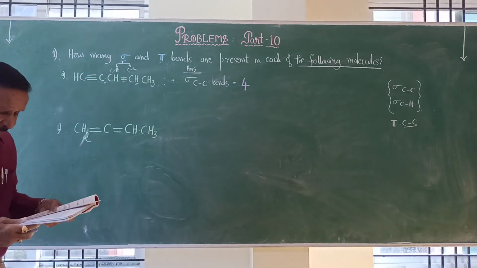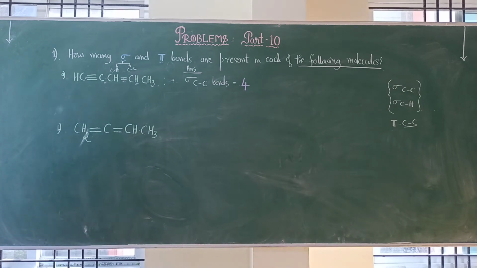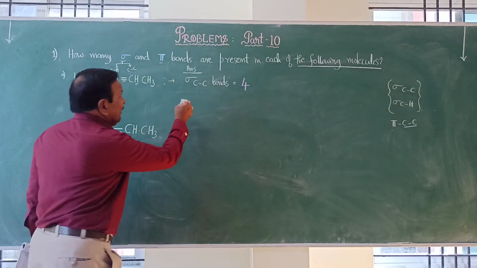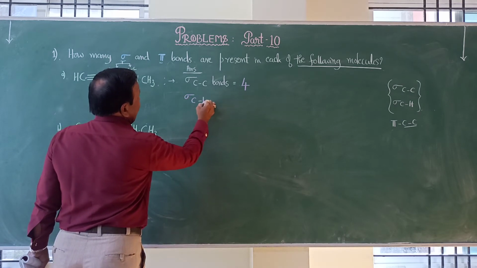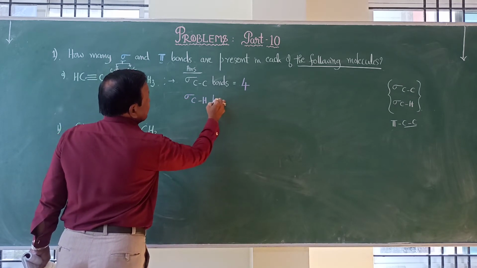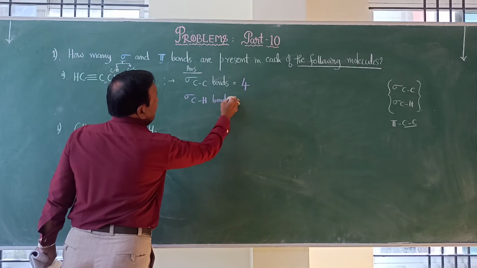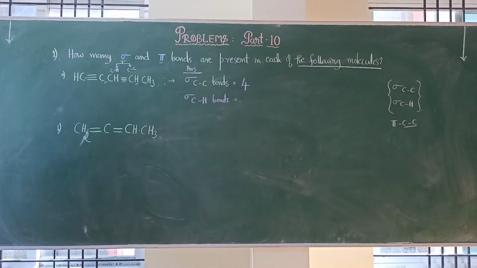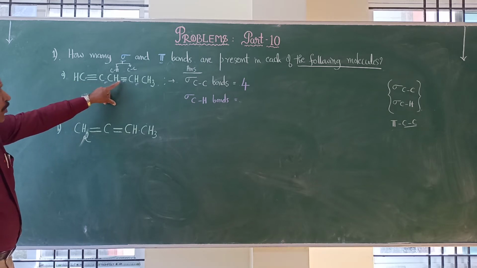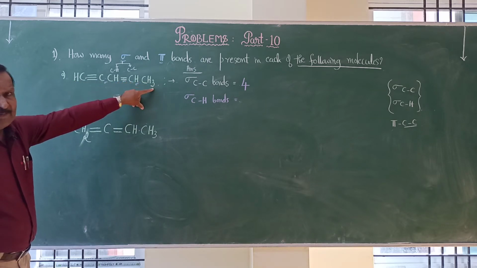Then how many carbon hydrogen sigma bonds will be there? Very simple to remember, I will tell you, count the number of hydrogen atoms. 1, 2, 3 plus 3.